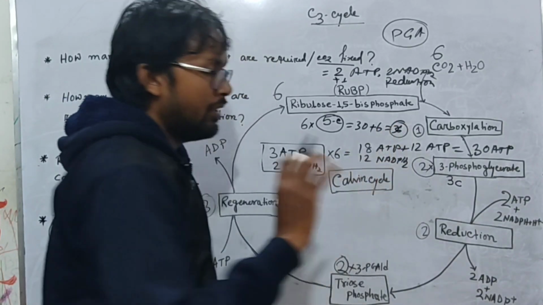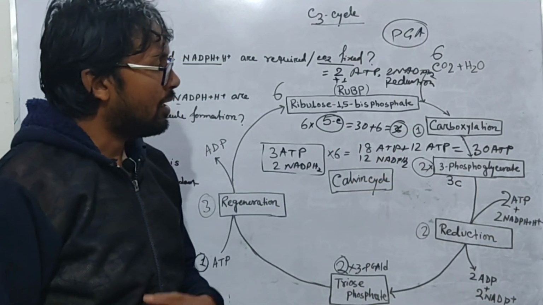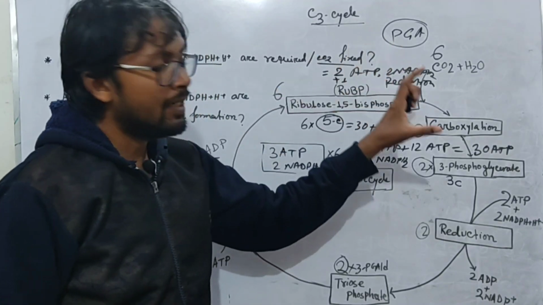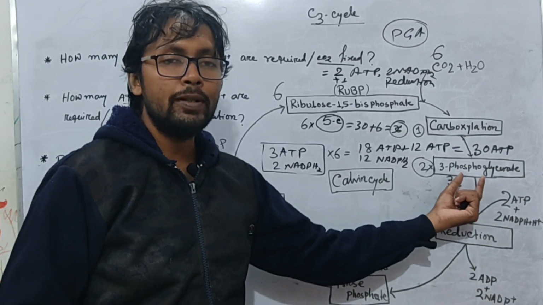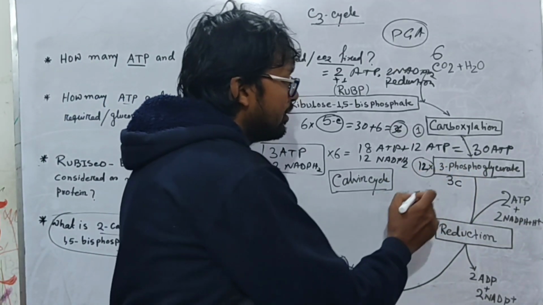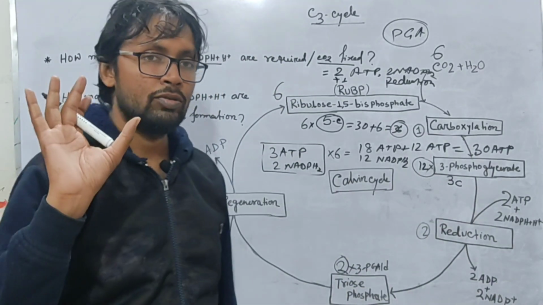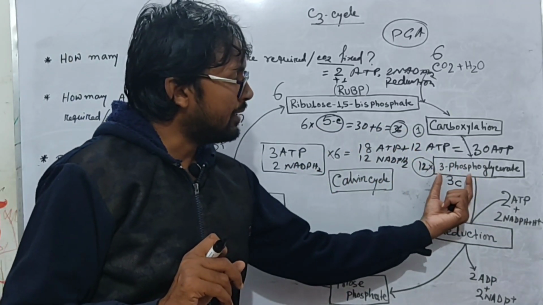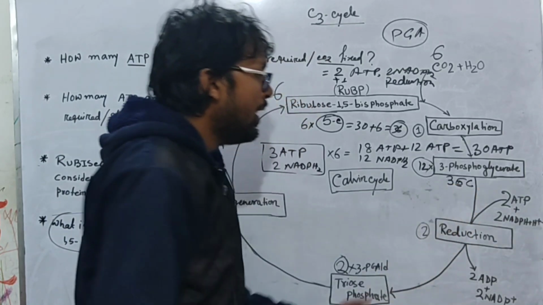Now we will calculate how much of the 36 carbon is converted. 36 carbons means how many 3-carbon compounds will there be? 12. 12 into 3 is 36, phosphoglyceric acid.